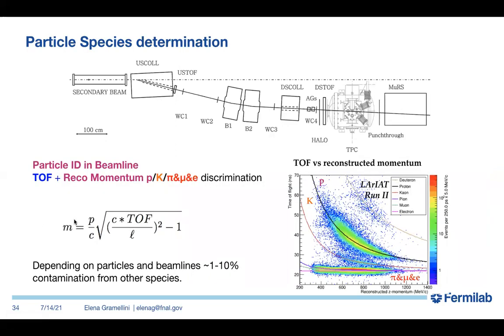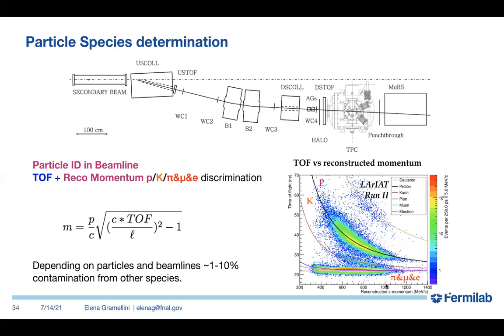In order to know the identity, you measure the time of flight, the time that it takes to go from the upstream time of flight to the downstream time of flight. The time of flight combined with the momentum gives you the mass of the particle, so the identity of the particle, through this equation. This is a plot from LARIAT of the reconstructed momentum versus the time of flight, and you can distinguish different types of particles in the beam.